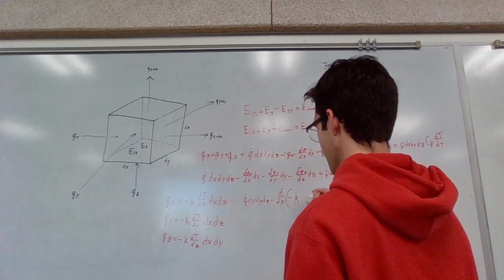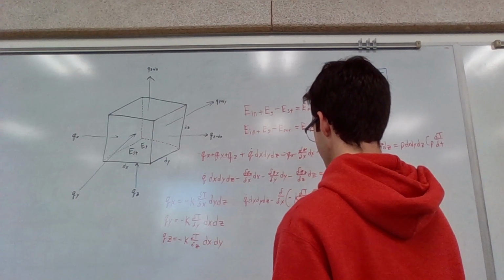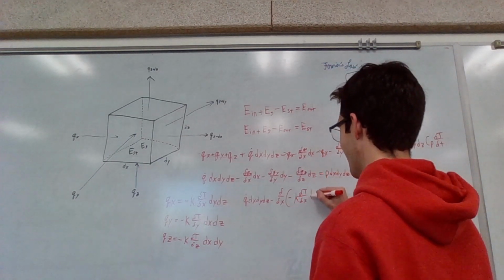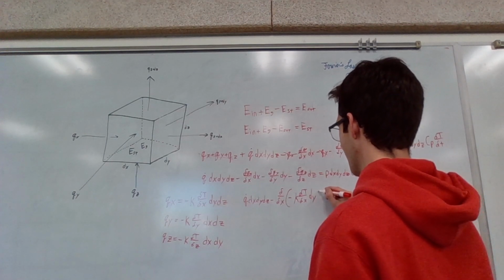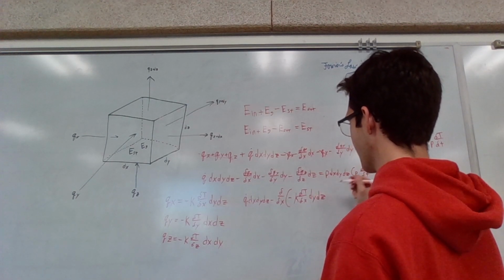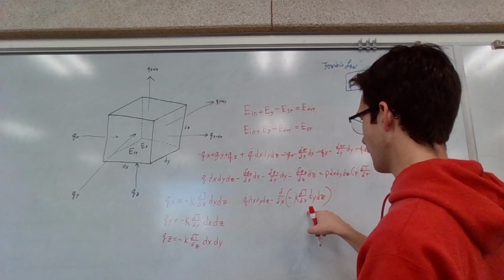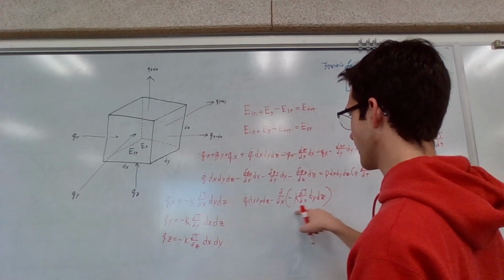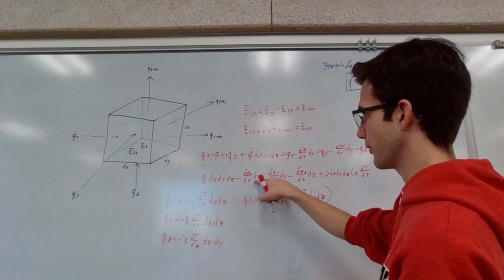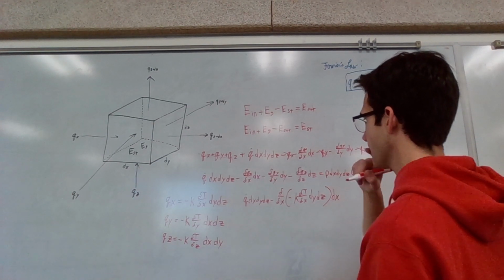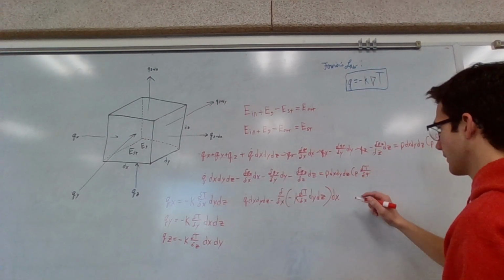Negative thermal conductivity constant, change in temperature with respect to x. This time it is our change in temperature. And then dy dz. We jumped the gun a little bit earlier last time, but that's okay because we caught it. And so all this is my qx, and you see right here we multiply it by dx still, our differential axis thing.